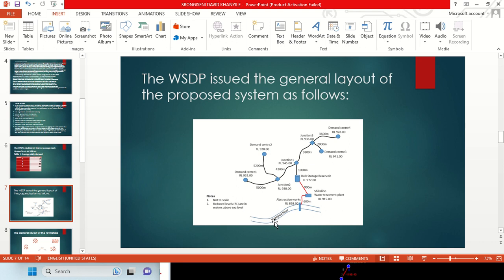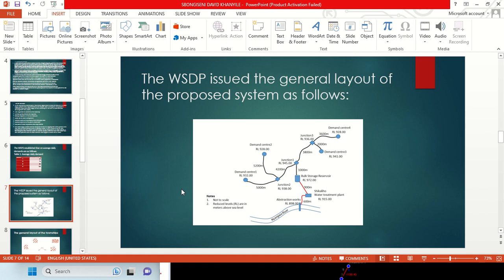We will abstract the water from the Inyangwe River, from Inyangwe to Shikilo water treatment plant, and from Shikilo to the bulk storage reservoir where we're going to store water. From there we distribute it to the proposed townships, which we will call demand centers number 1, 2, 3, and 4.